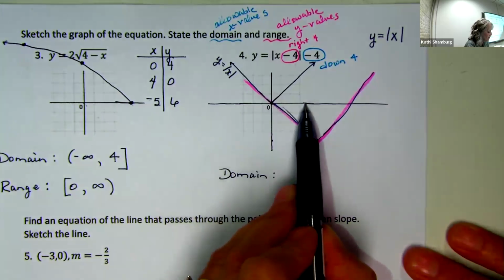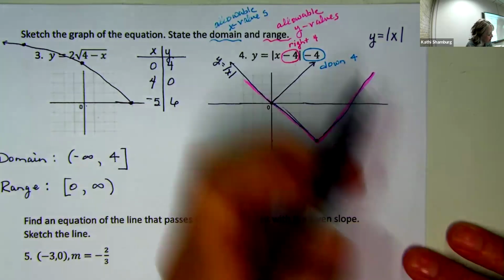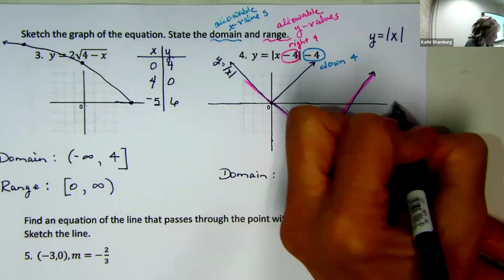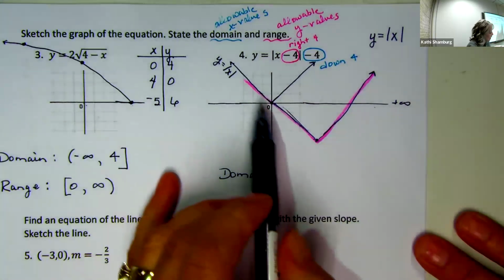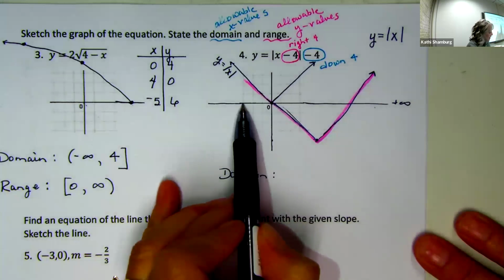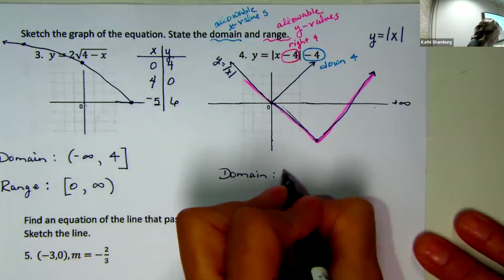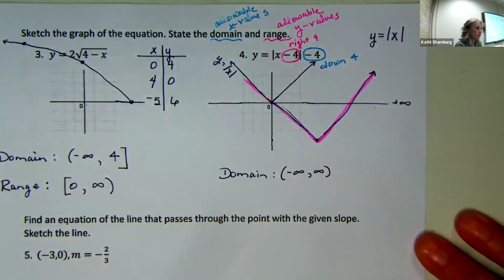If I'm on a positive number, I can get to the graph. Even if I'm on a positive number here, this goes forever, I can get to the graph. So it appears to go all the way to positive infinity. Here on the left, I can always get to the graph by going up. So this would be negative infinity to positive infinity.